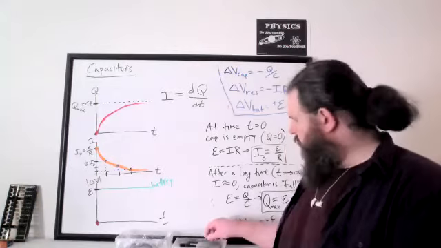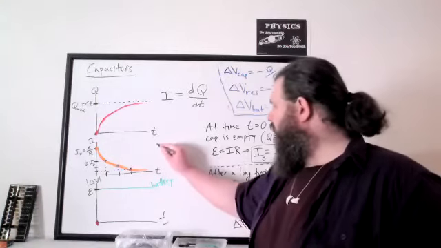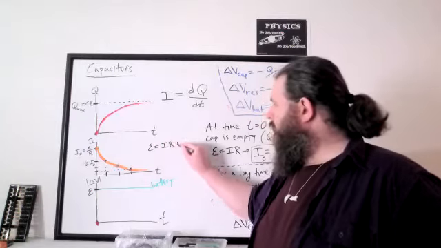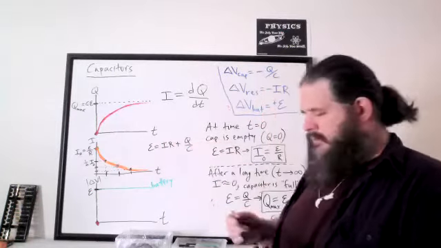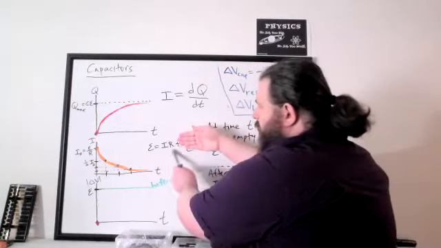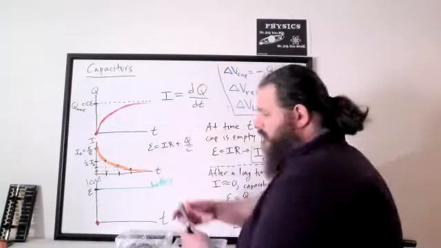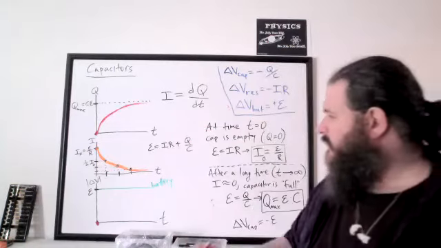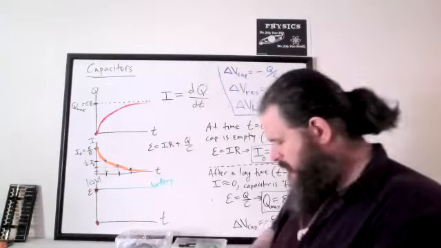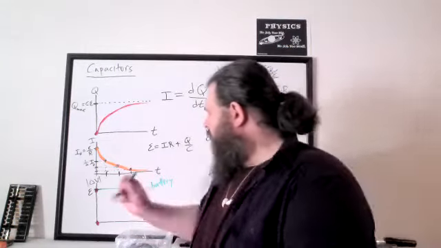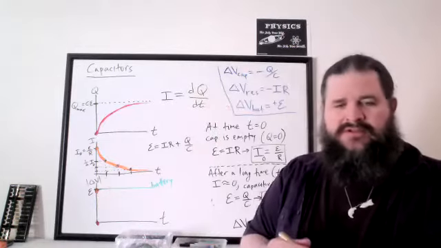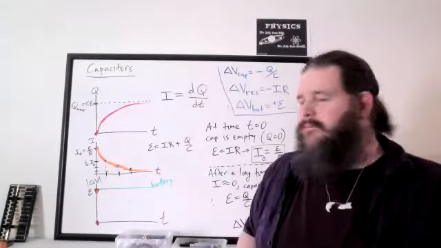Because going back to the loop rule again, we had epsilon equals IR plus Q over C. If the capacitor is empty, this term's gone. So the voltage that the resistor gets is the full voltage of the battery. So the resistor is getting the full epsilon to start with.